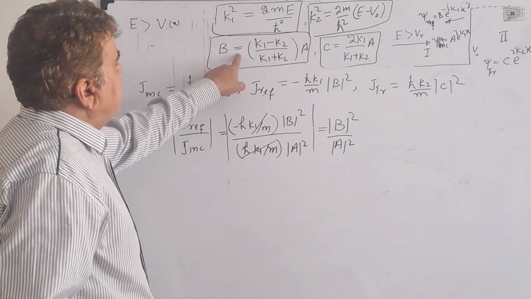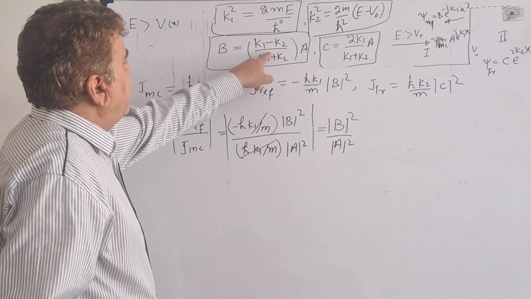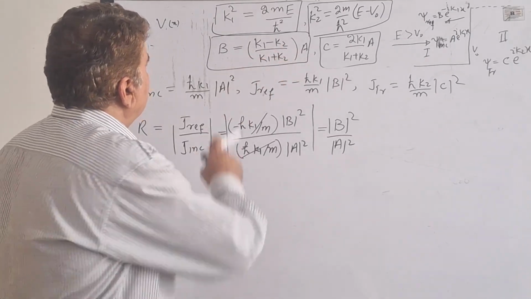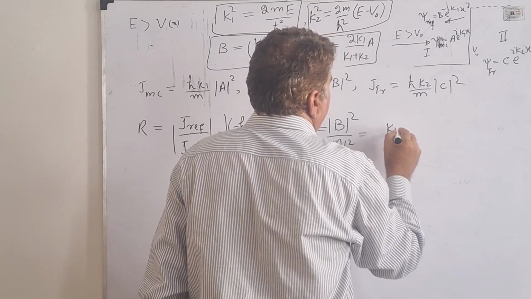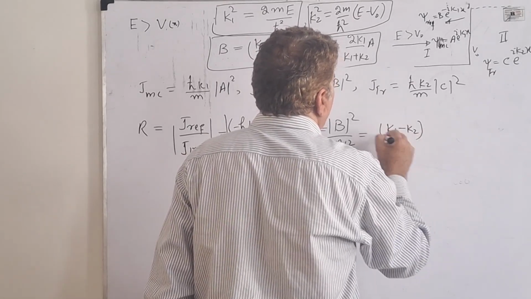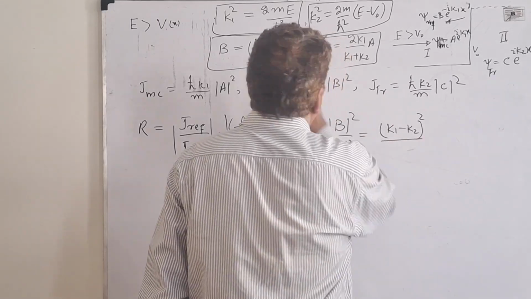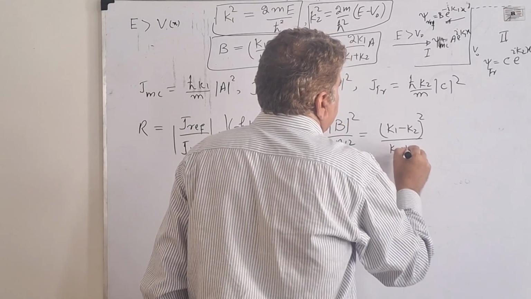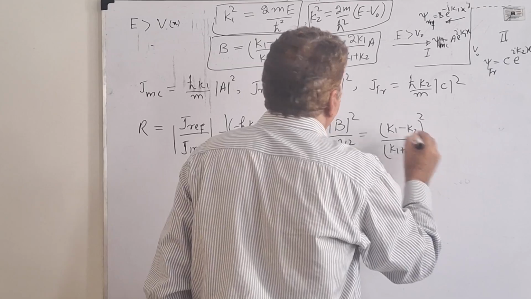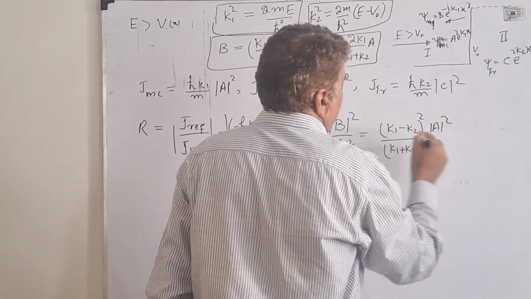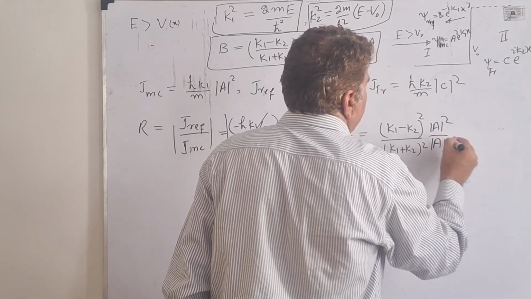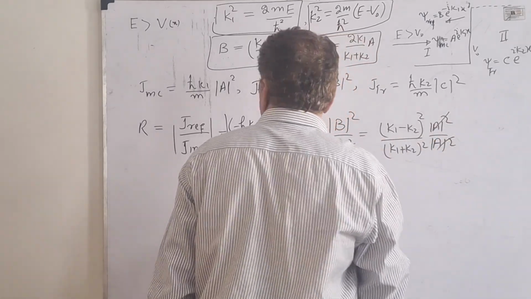And from this relation, B in terms of the energy parameters and A is given by that expression, so mod B squared is equal to (k1 minus k2) whole squared divided by (k1 plus k2) whole squared into mod A squared, and then this mod A squared cancels with this.